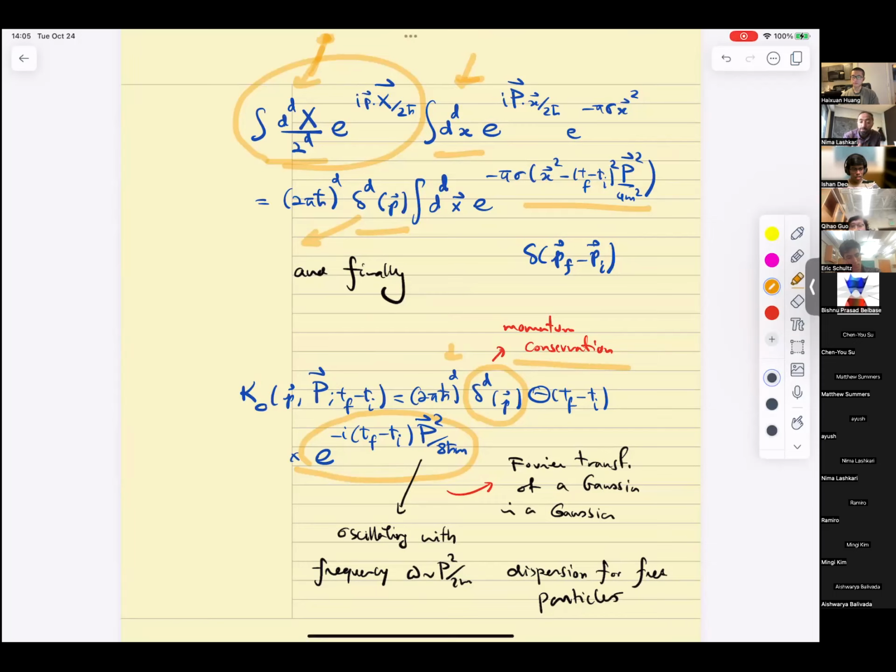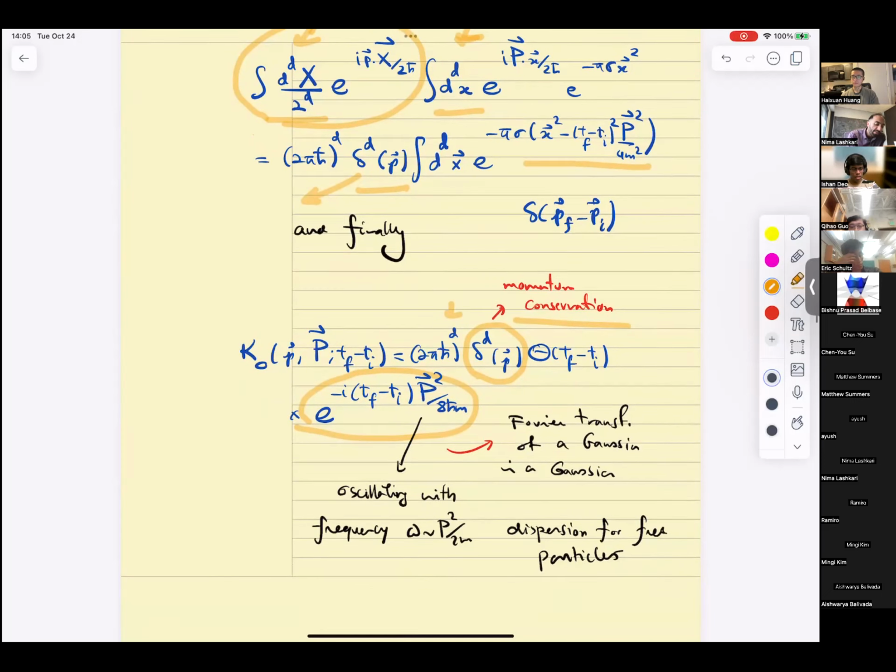Then you obtain this step function, which makes sure that final time is after initial time. So it's a retarded propagator. And then, as we'd expected, the Fourier transform of a Gaussian is going to be a Gaussian, with T of F minus T of I multiplied by the sum of the momenta, right?